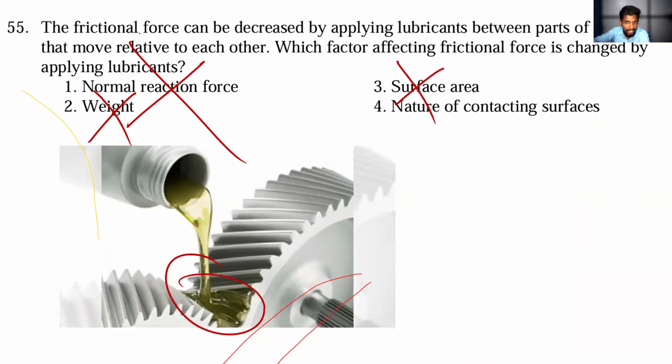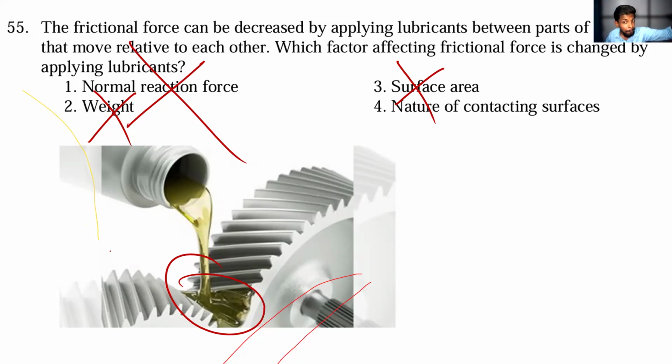Before applying the oil, the surfaces were rough. So you feel heat energy. Frictional force is high. When you're rubbing your hand, the surfaces are rough, so you feel a higher amount of frictional force. So it produces heat energy.